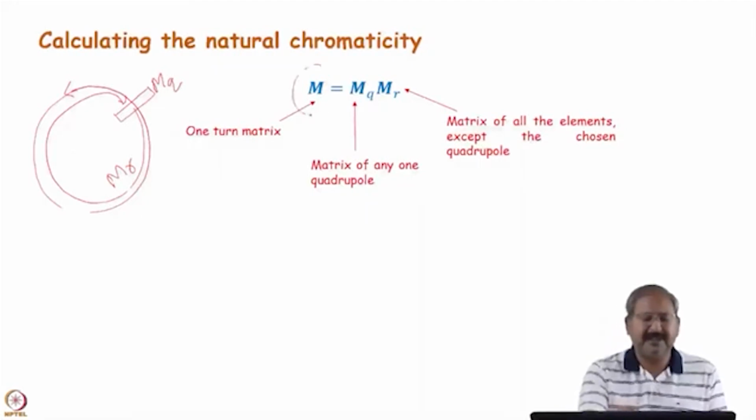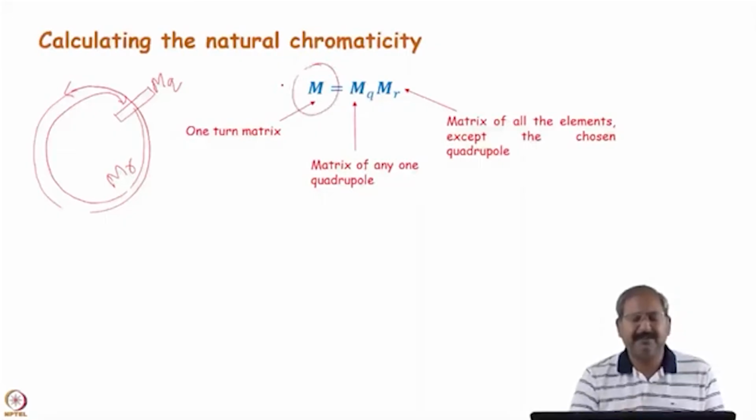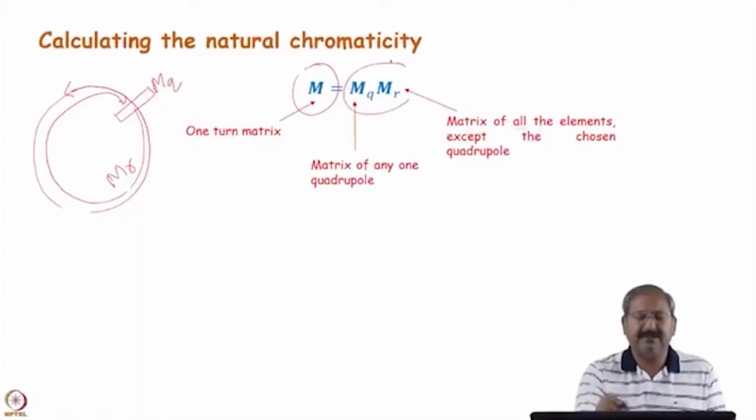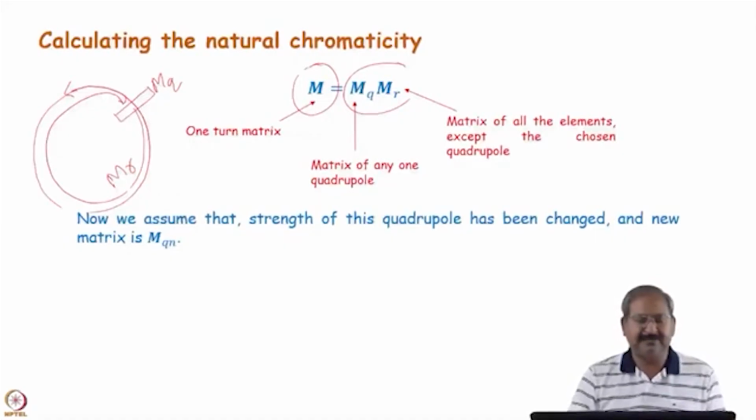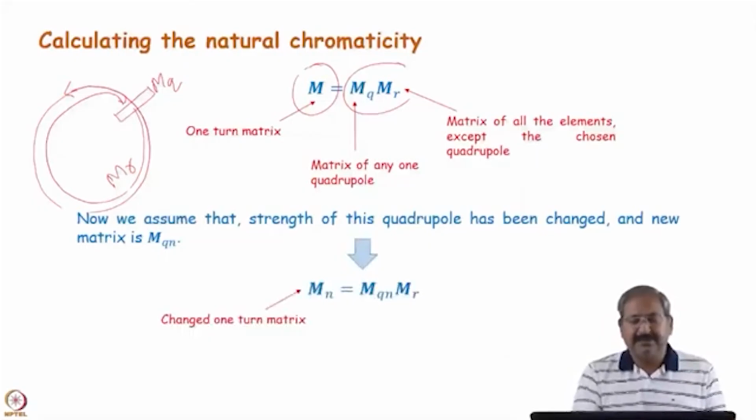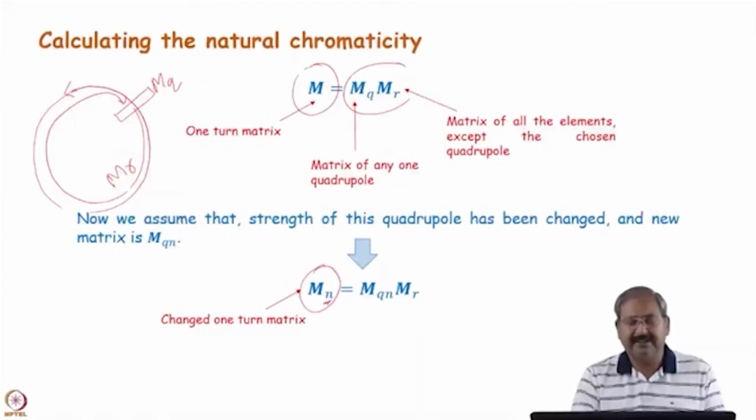So this is the M, one complete matrix for one complete turn, and these are the matrices multiplied. Now we want to see what will happen if the strength of this particular quadrupole has been changed. So let us say that the one turn matrix has been changed to M with subscript N, when the quadrupole's matrix has been modified to MQN.